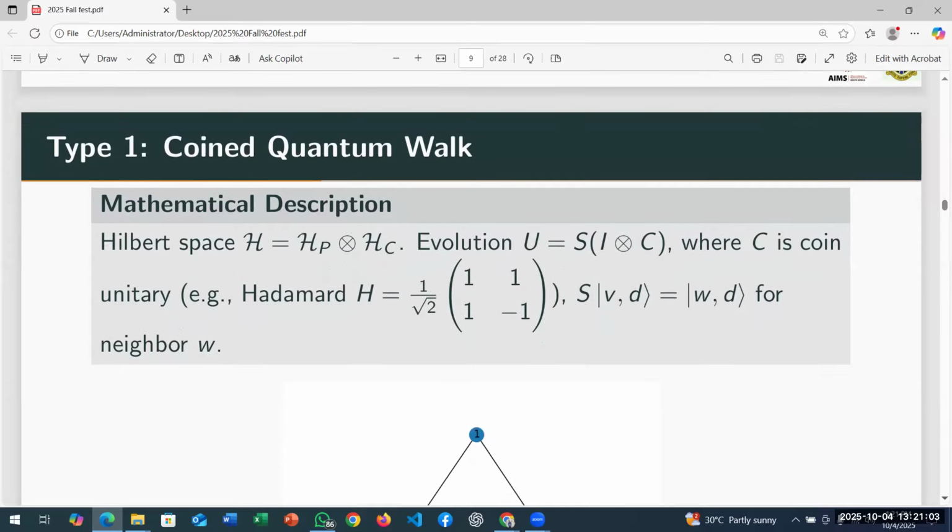So the shift operator we should look at. Now this phi is representing the state, and this D is the result gotten from our operation when the coin was applied.